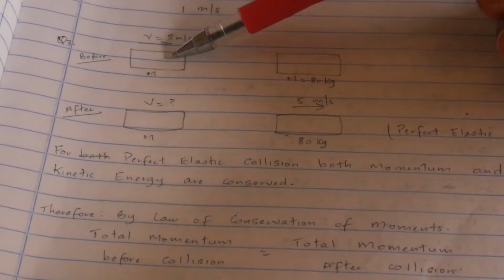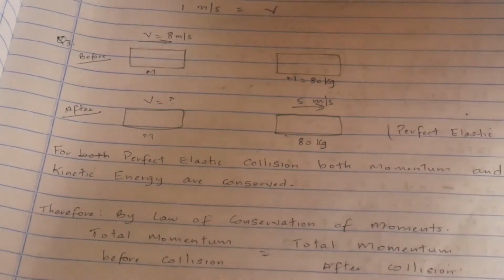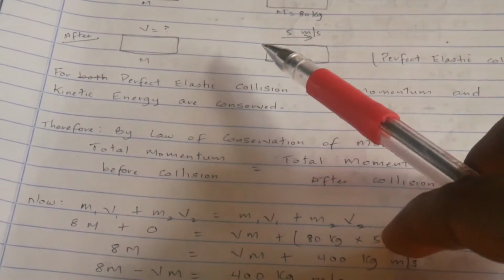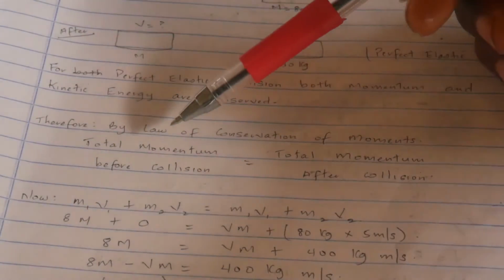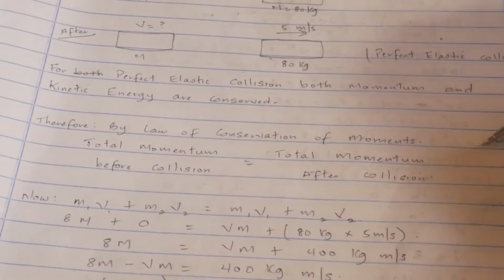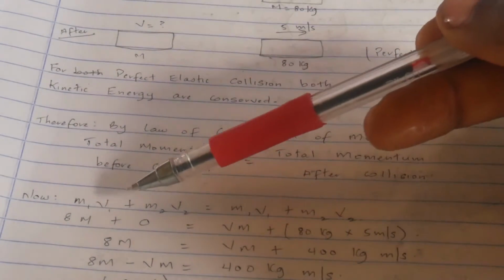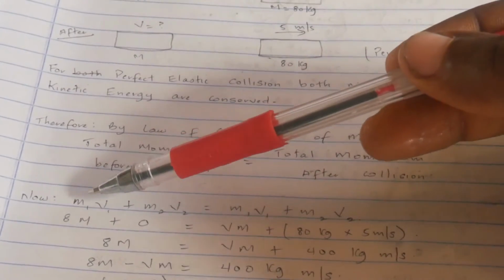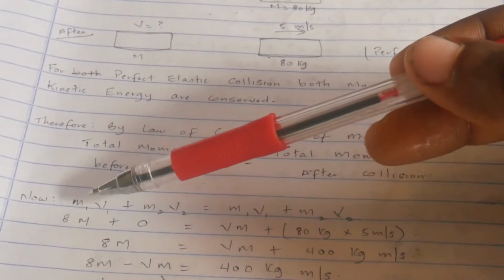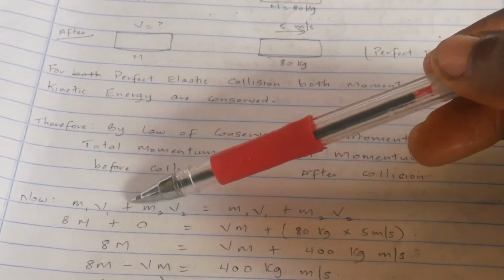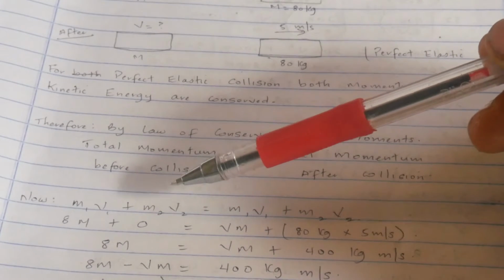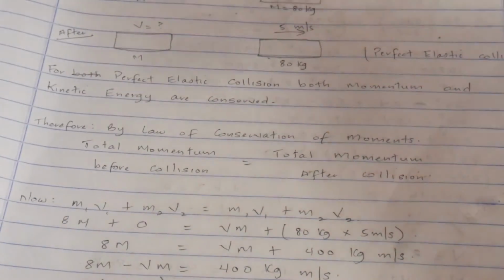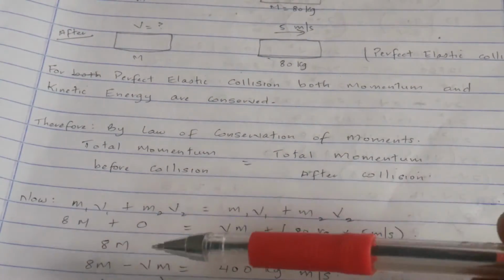For when one object slams into the other, you still say total momentum before collision equals total momentum after collision. Before the collision, what you do is say m1 times u1, whatever the value is, put it here, plus m2 times u2. u2 would be 0 since the second object would not be moving.